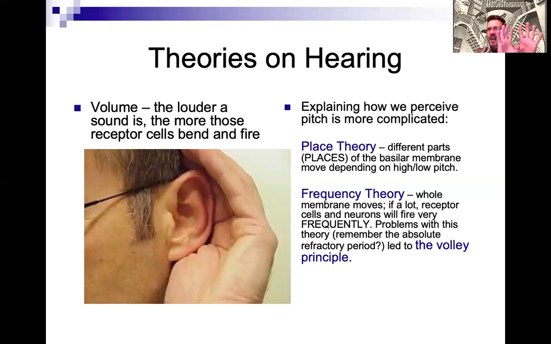And maybe they don't fire as frequently if it's a very low pitch we're hearing. Okay? Fewer firings. But there is one limitation to frequency theory, not one we can't work around.